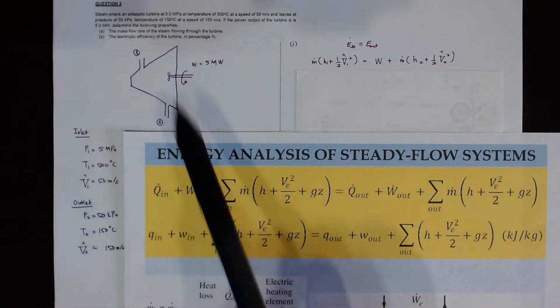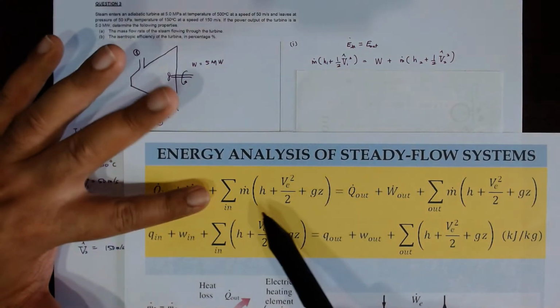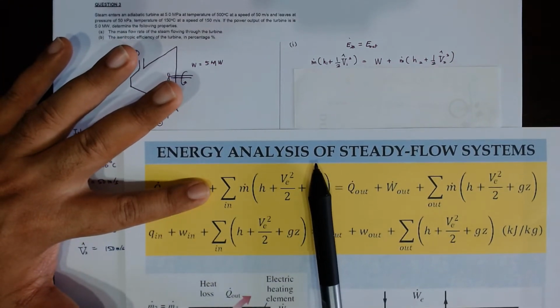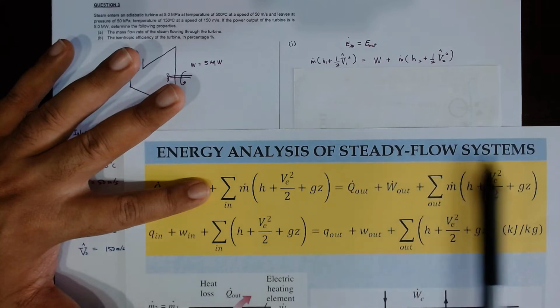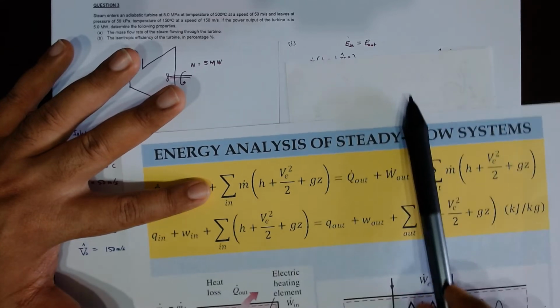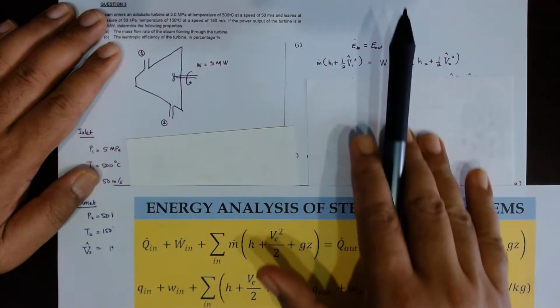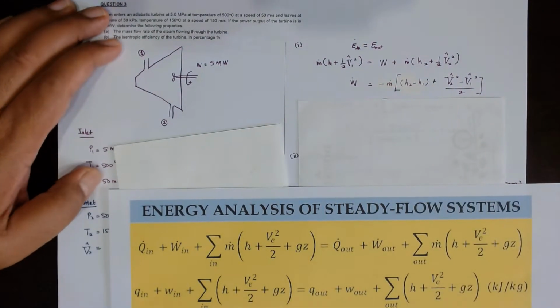Because there is no effect of Q and W, and no effect of gravitational. So no W, no Q, no gravitational effect. That's why the equation remains as that. Rearrange the equation, we got that.